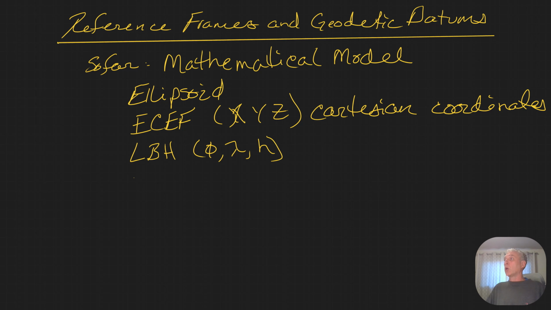We have an LGH system, which is our easting, northing, and up. And we've been putting these ideas together so that we can represent coordinates in any one of those environments we want. But keep in mind, these are purely mathematical models. They don't represent any sort of physical geodesy, right?